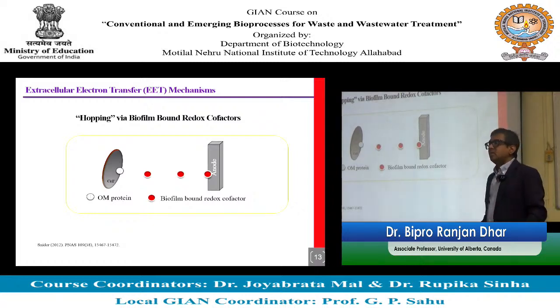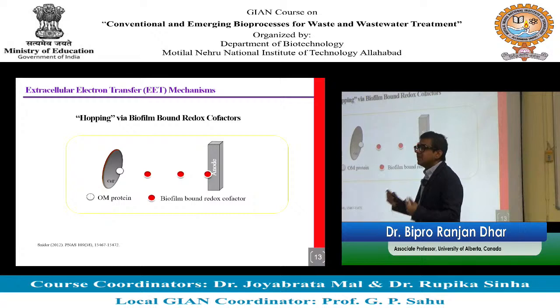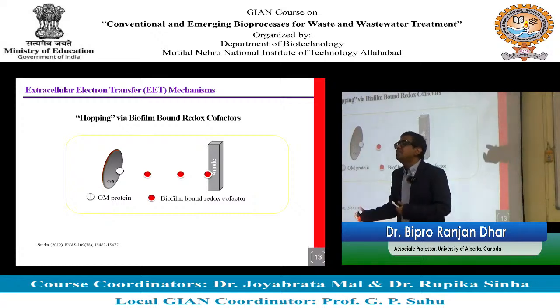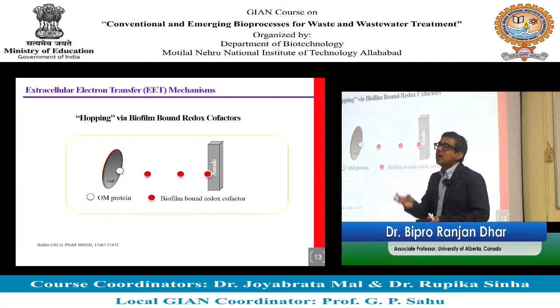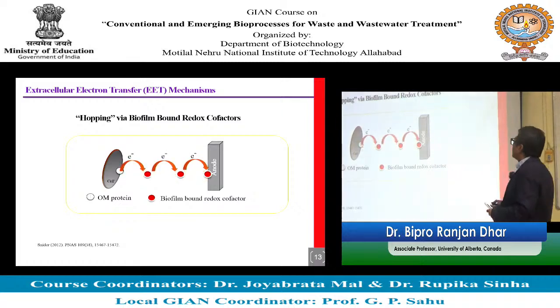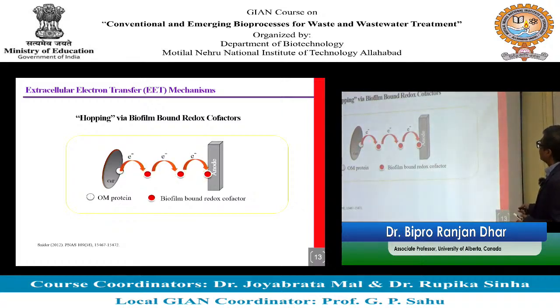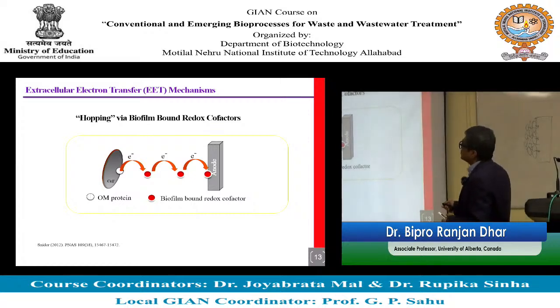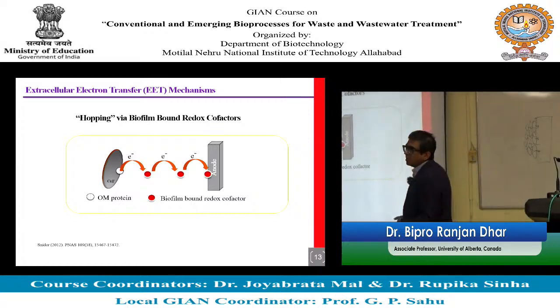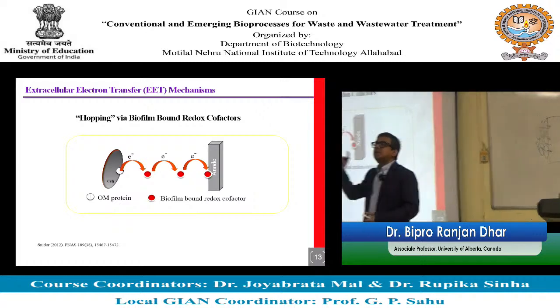When microbes form a biofilm, they produce EPS, extracellular polymeric substances, that help biofilm formation. Some of those EPS materials can act like redox cofactors as well, and help transfer electrons from the outer membrane protein to the electrode surface. That is another hopping mechanism, when microbes don't produce nanowire.